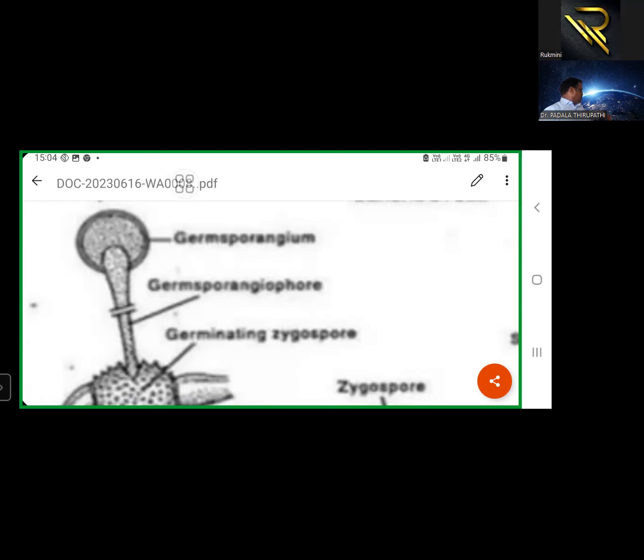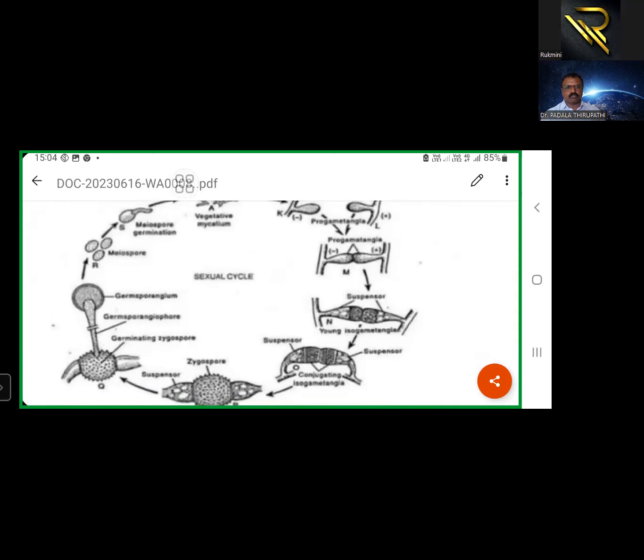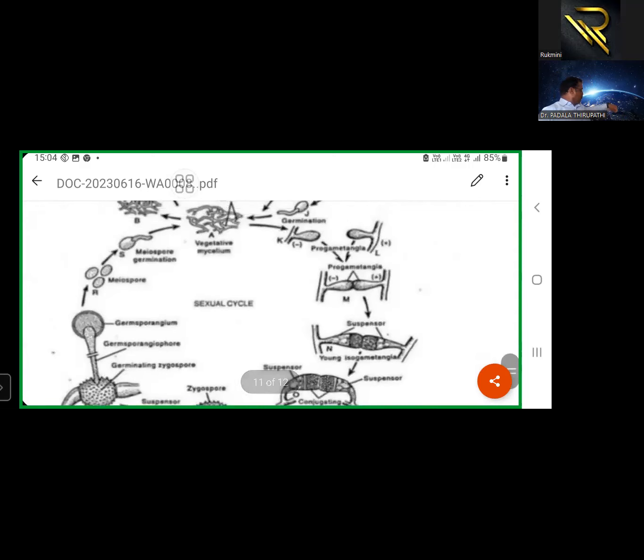This elongated vertical structure which develops from the zygospore during germination is called a zygosporangiophore. This elongated structure develops and produces one structure called the germinating zygosporangium. Like this, the zygosporangium will be produced from the zygospore.